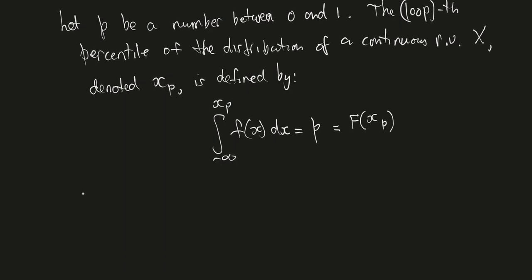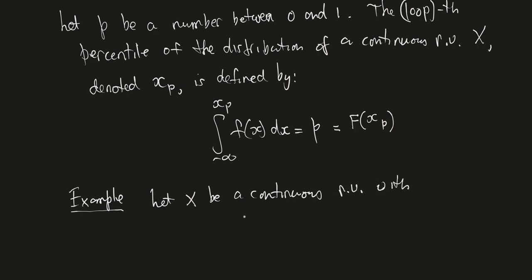Let's look at, and I'll choose a fairly simple PDF. So let x be a continuous random variable with, let's say, our PDF, and this is how it's given. I'm going to choose a linear PDF.